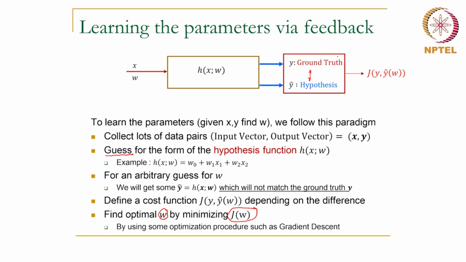But what we are going to do is solve this problem iteratively, and I'll come later, next week, to why we do it iteratively and why not do it directly. So we usually solve this, and the iterative procedure is what is called gradient descent. This is the most common machine learning optimization algorithm. In case you have done optimization courses, you will know that other optimization algorithms are possible.